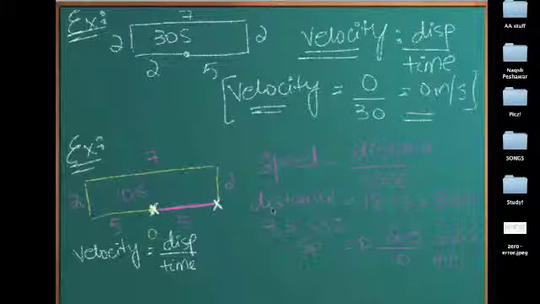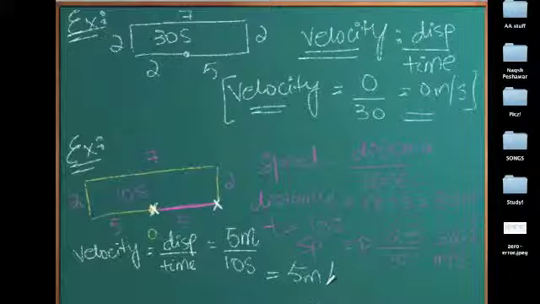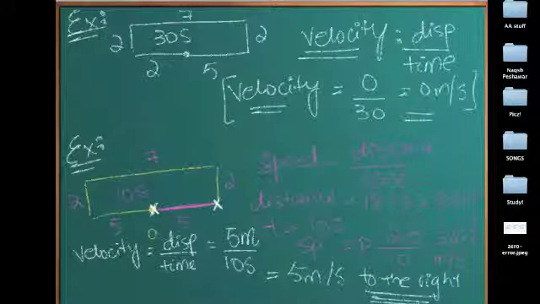All we care about is the final position. The final position tells us that he is 5 meters to the east of the initial position. So our displacement is 5 meters. Our velocity would be 5 meters divided by 10 seconds. So this is 5 meters per second to the right. Because this is velocity, the direction is of vital importance.